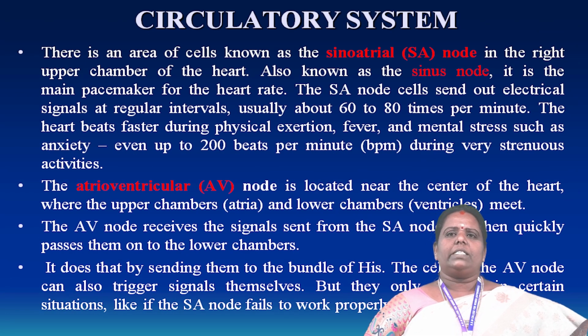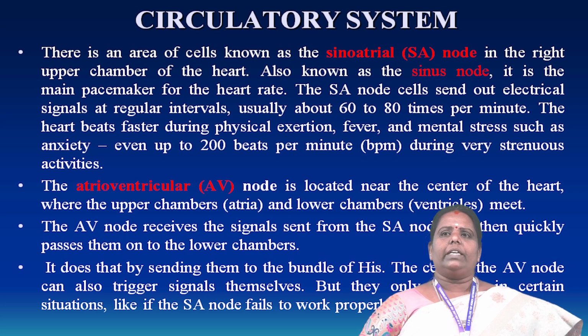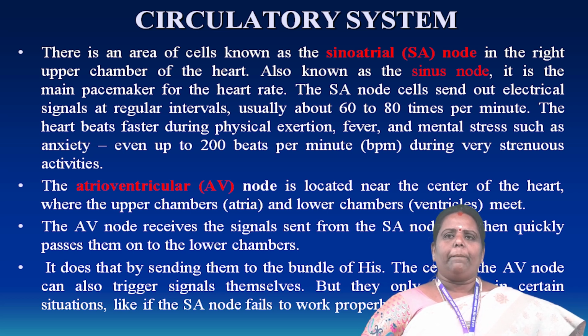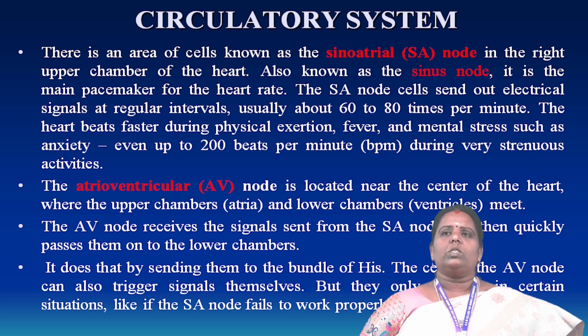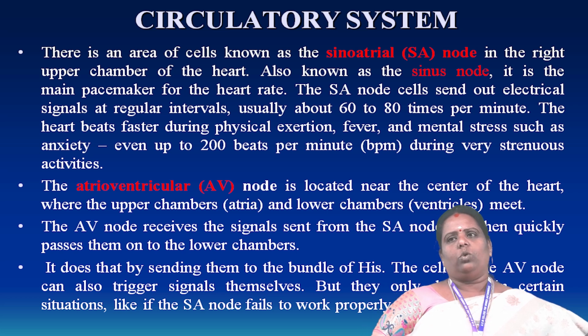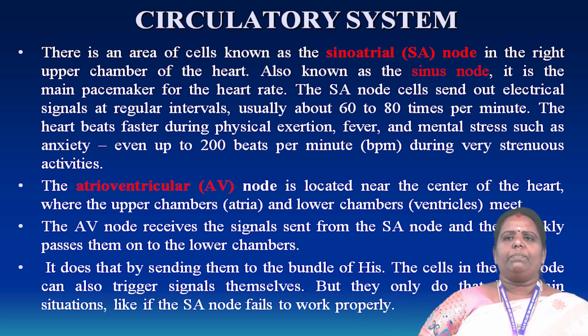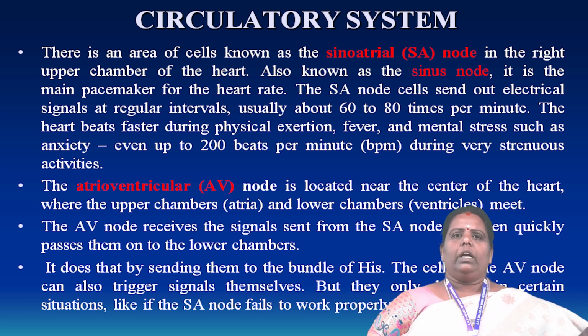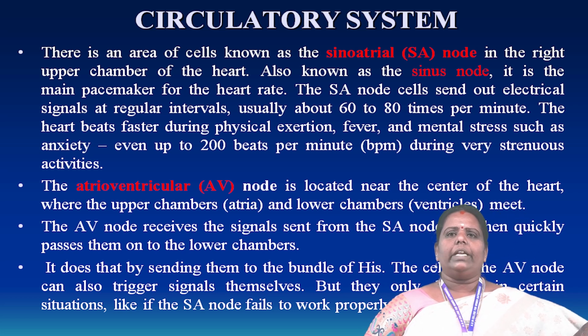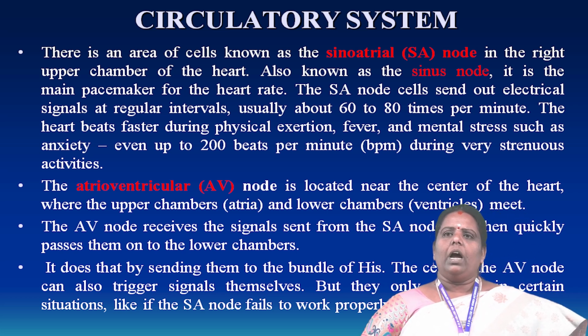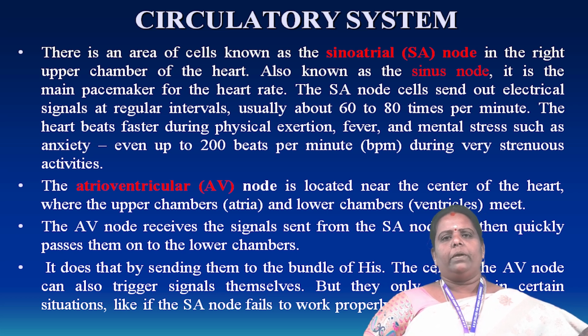In the circulatory system, there is an area of cells known as the sinoatrial node, in the right upper chamber of the heart, also known as the sinus node. It is the main pacemaker of the heart rate. The cells of the sinoatrial node send out electrical signals at regular intervals, usually about 60 to 80 times per minute.